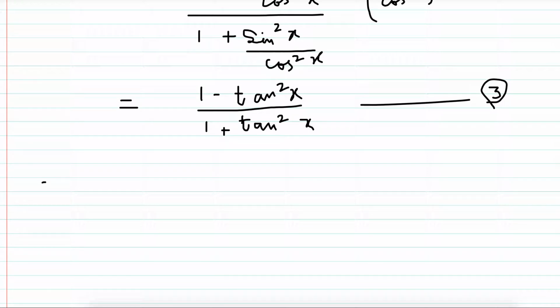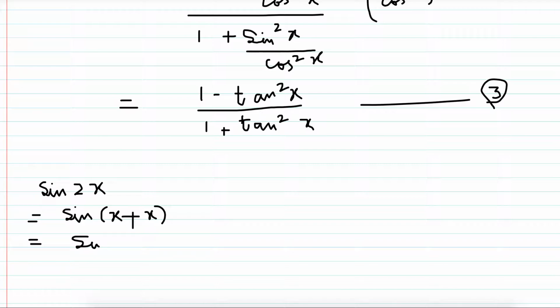Next we have sin 2x. So again we can break it as sin of x plus x, and it will be of the form sin of x plus y, which is sin x cos y plus cos x sin y, but here x and y both are x.